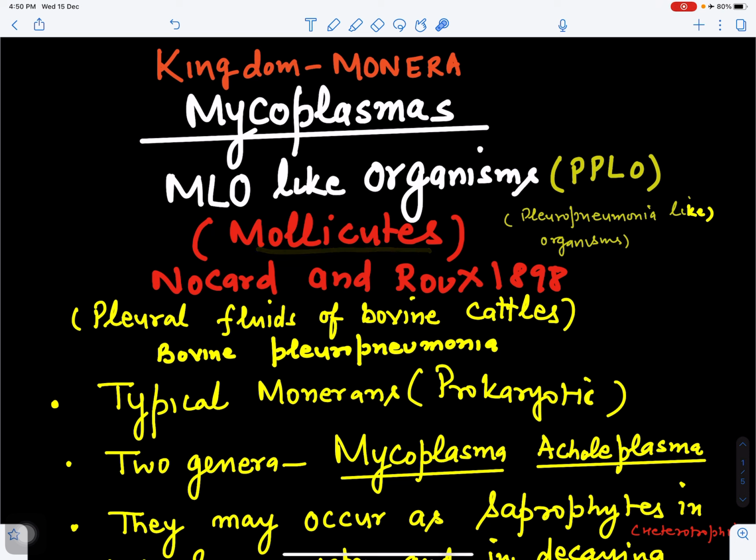This class also has two other genera, Mycoplasma and Ureaplasma. Mycoplasma are also called MLO, mycoplasma-like organisms, or PPLO, pleuropneumonia-like organisms.